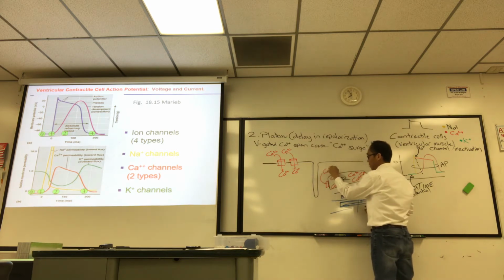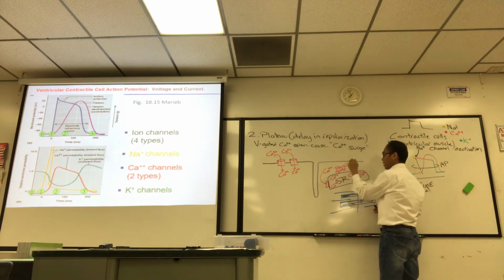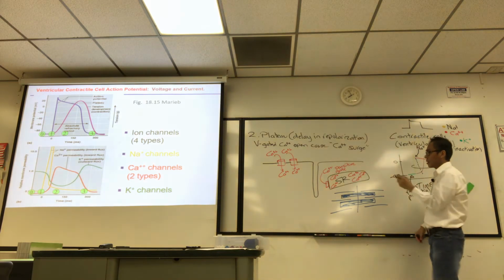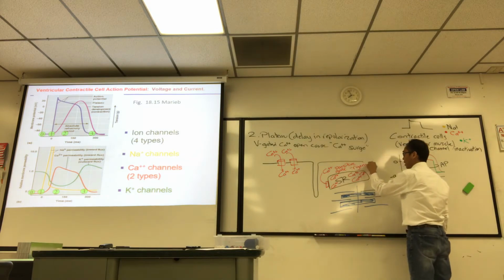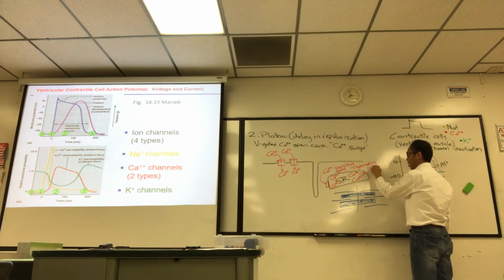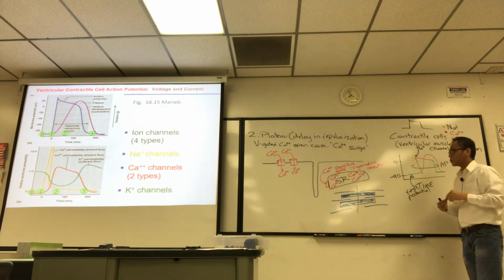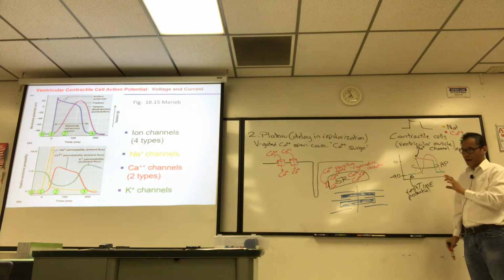It's a calcium-sensitive gate. Different books call it different things. Sometimes it's called the ryanodine receptor. Whatever they call it when you read about it, it's the one that's sensitive to calcium.